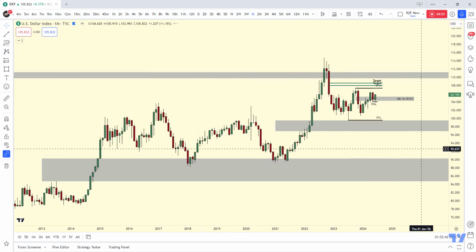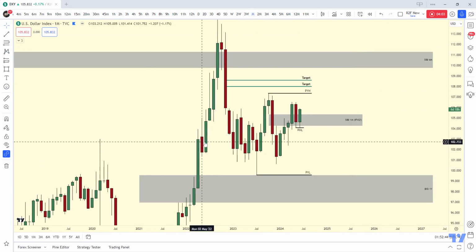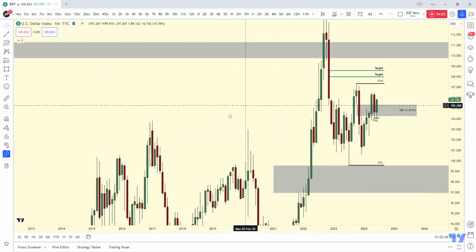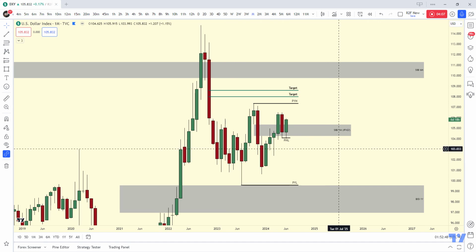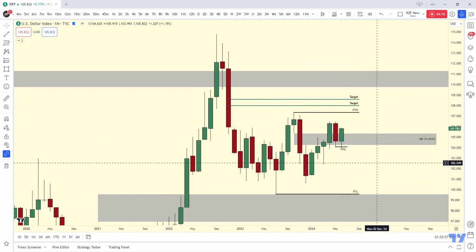So I'm going to go straight down to the monthly. Now just looking at this range over here, getting about all that. Now my higher time frame bias is bullish, a bias that is above the monthly time frame. Okay, so each candle is a month.